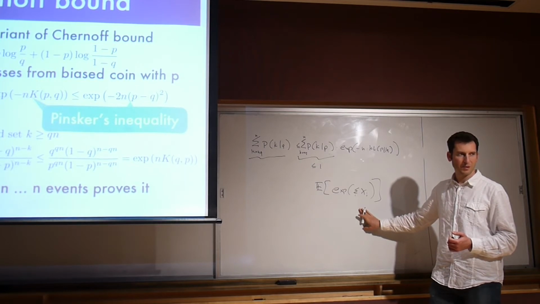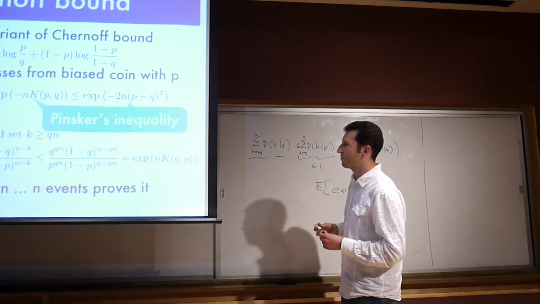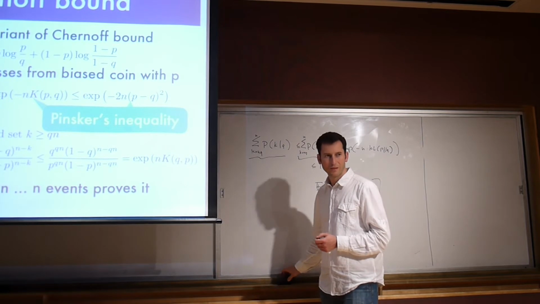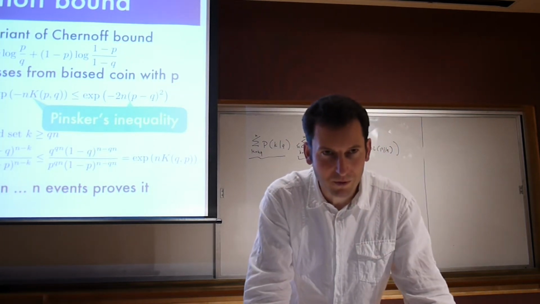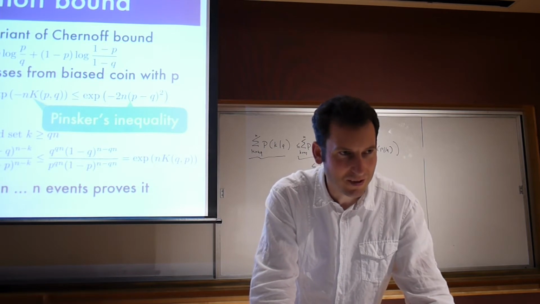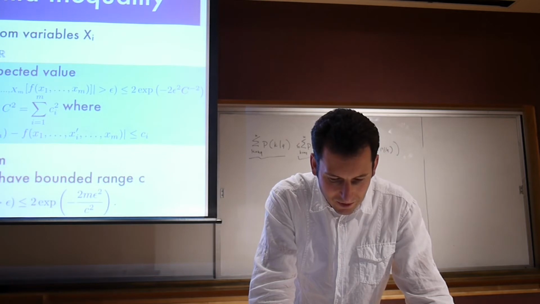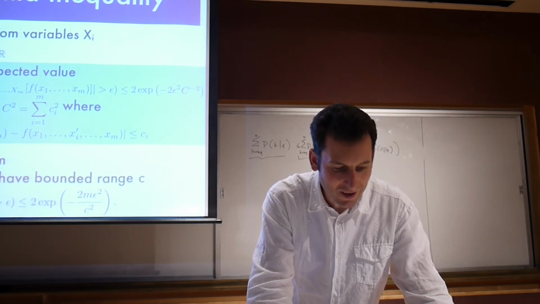That's what you probably would have seen. This proof is, I think, a little bit shorter. Now, this is a very basic version. There are much more fun versions of similar types of inequalities, like PAC-Bayes bounds and so on. If you had a statistical machine learning class, that would be one thing you could see.